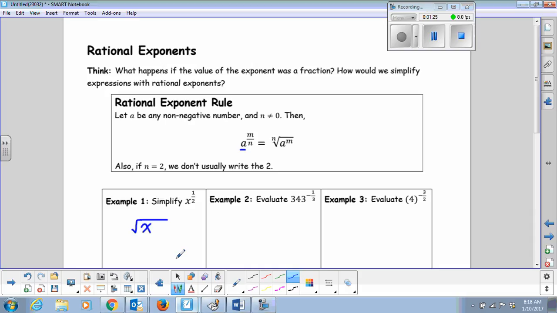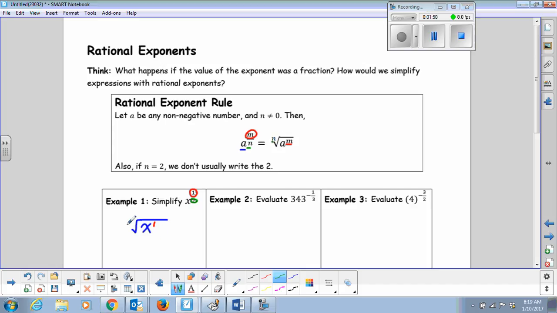All right, so back to the exponents. 1, we said, was on top, so that is my m, which means it goes inside the radical. So I'm going to put the 1 right here next to the x, which is my base. And then the 2, the number on the bottom, the n, goes in front.